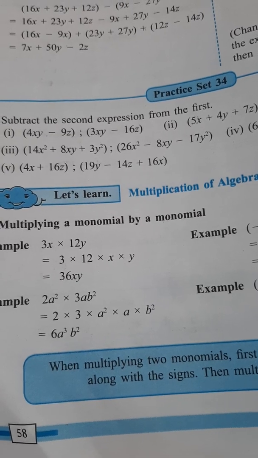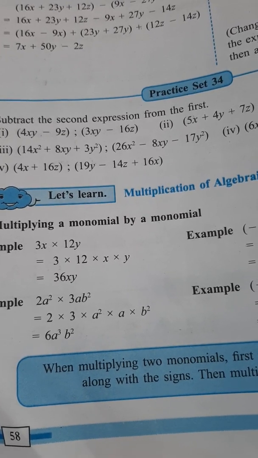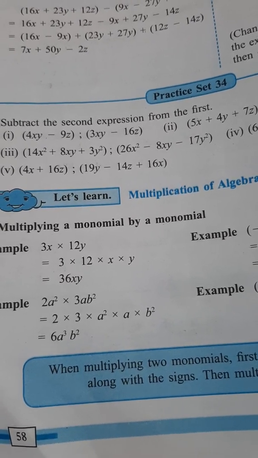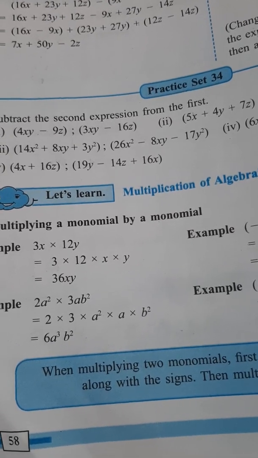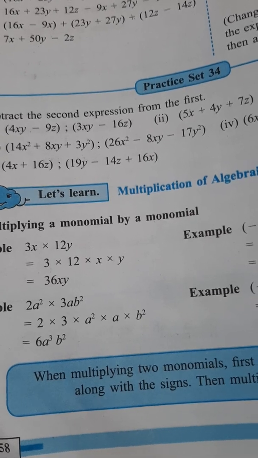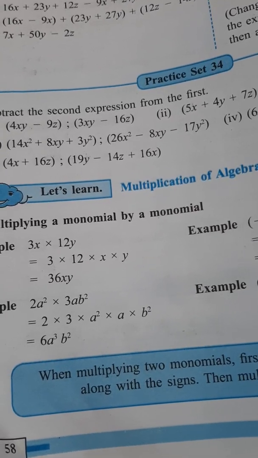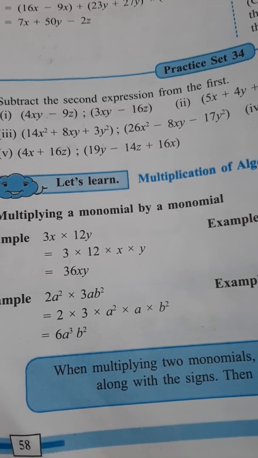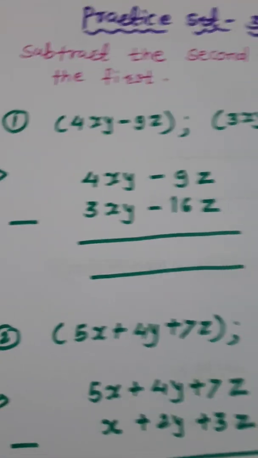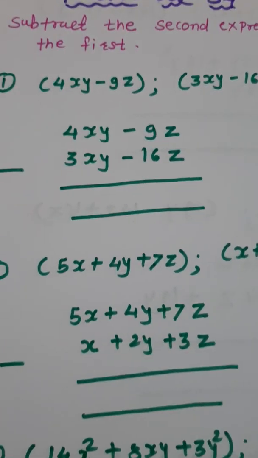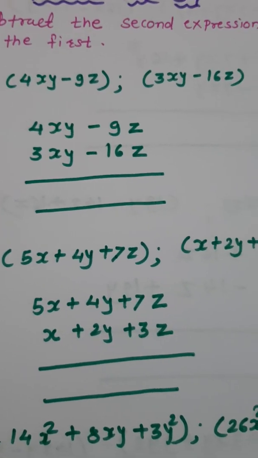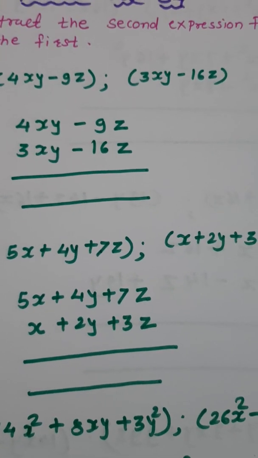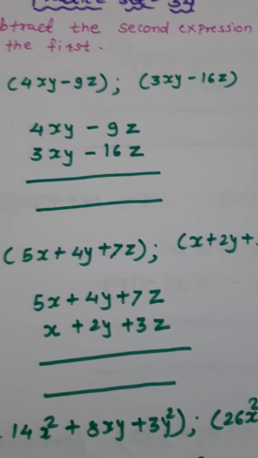And the first problem is 4xy minus 9z and 3xy minus 16z. This is the horizontal arrangement. While subtraction, you can use the vertical method. See here. Once again, I will read the problem: 4xy minus 9z, 3xy minus 16z.